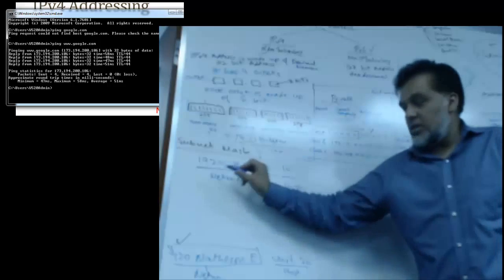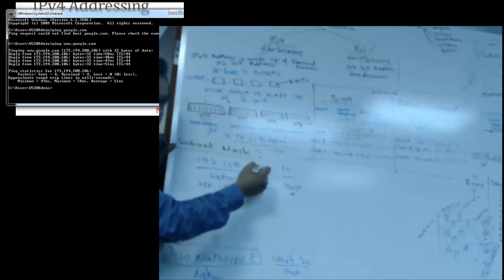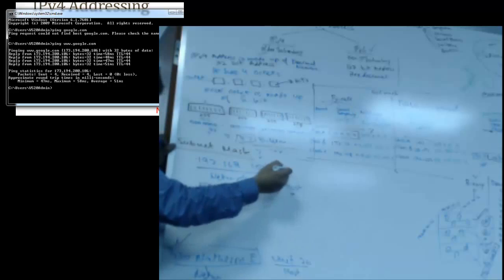Under any octet, if there is 255, that octet becomes a network address. In our case, in all these servers' case, we have 255 under the first three octets, and then here we have 0. It means as soon as the router takes the IP address, it knows this is a network address, and this is a network address, and this is a network address, and this is a host address.